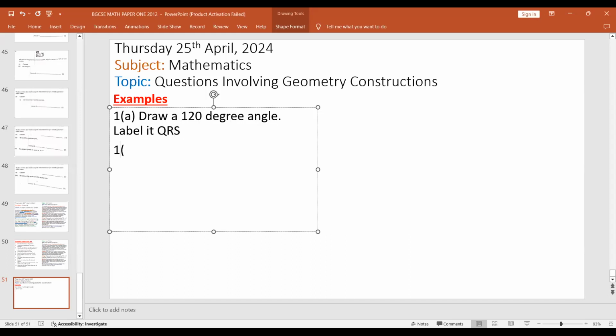Then the next thing we want to do is bisect the angle QRS. So you want to label the angle QRS, and then we want to bisect it. All right.